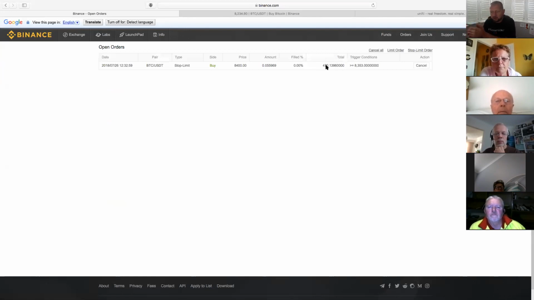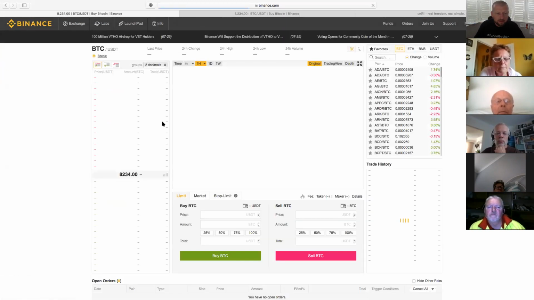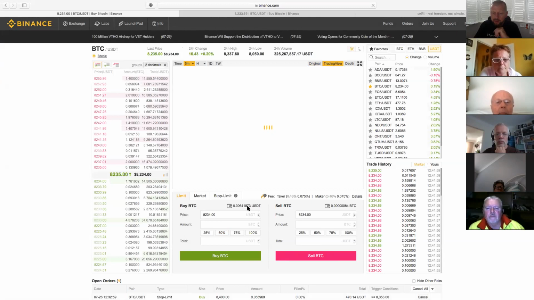It's put it in a pot, which means that if I want to buy Bitcoin right now, how much money have I got in my wallet? Nothing. I've got practically nothing in my wallet. Why? Because it's ring fenced.